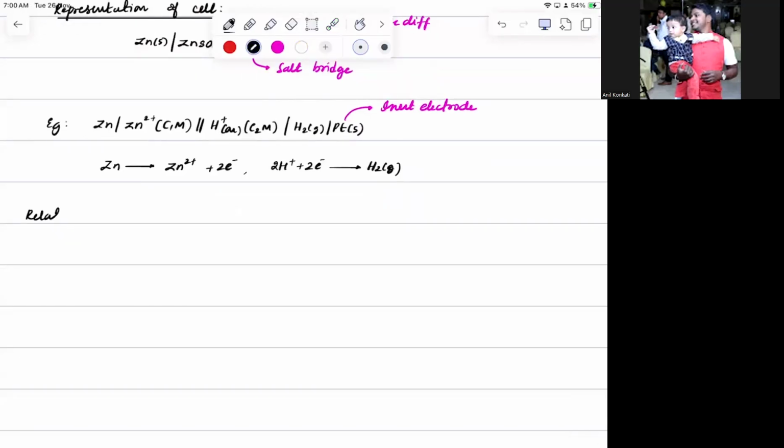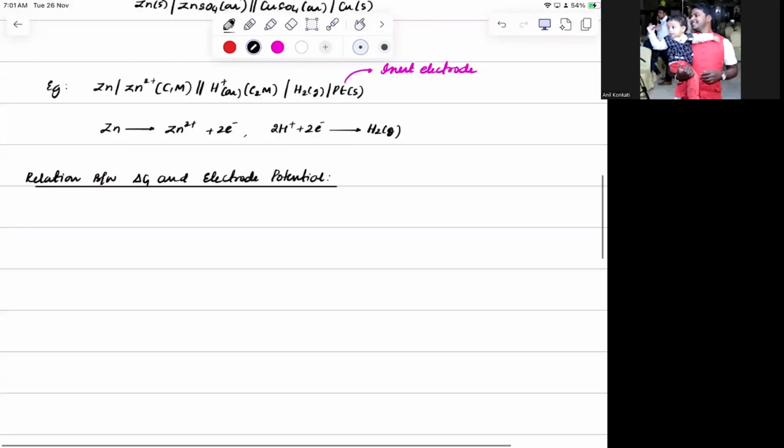Now, what is the relation between delta G and electrode potential? See, first of all, electrode potential represents how much electromotive force an electrode would have.